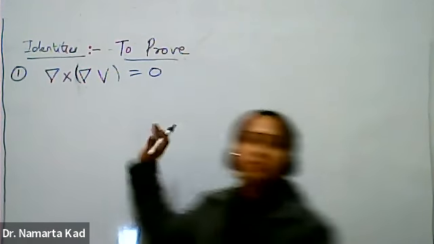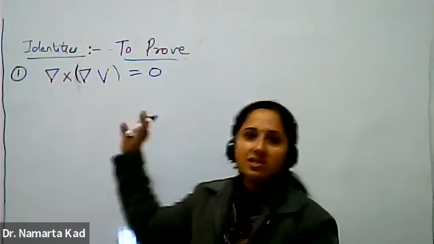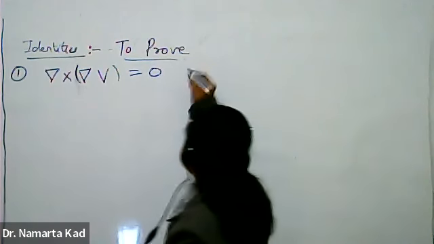We have to do the proof of these identities. Here v is any scalar.